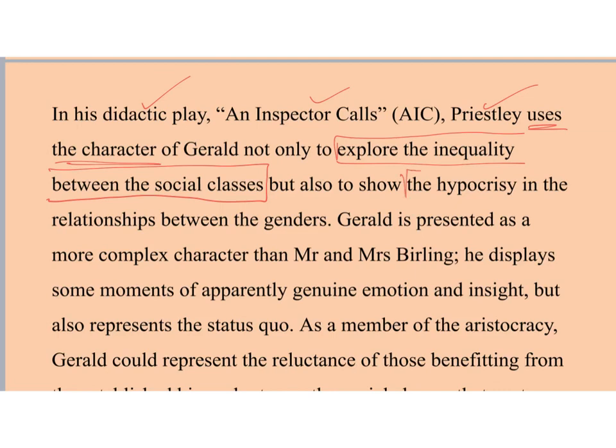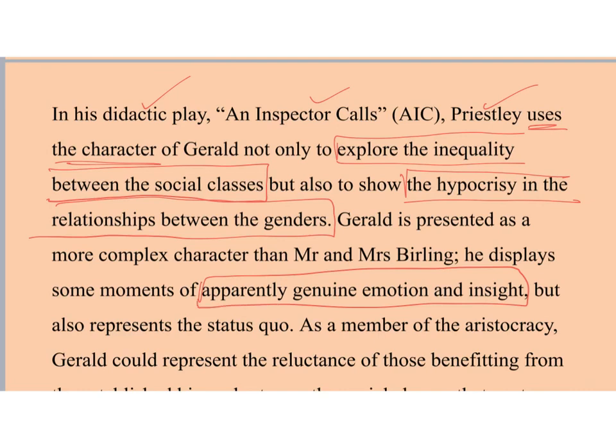And then my second set of points are going to be relationships between the genders. I might want to write about his genuine emotion and insight, but also the idea that he is a member of the aristocracy. He doesn't want things to change, so he's naturally going to side more with the conventional Mr. and Mrs. Birling.